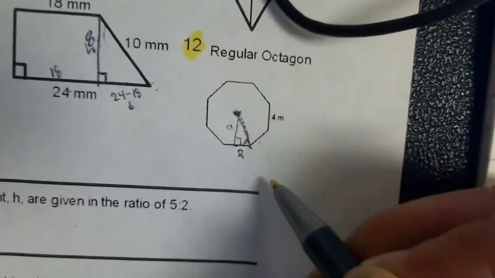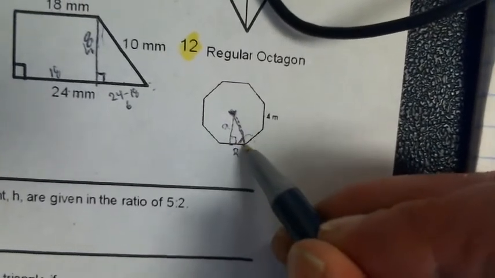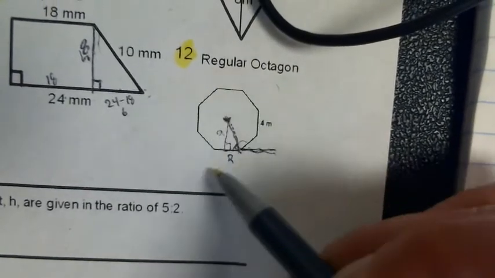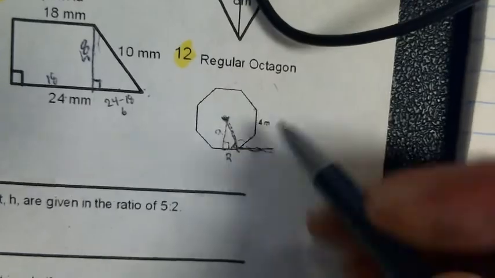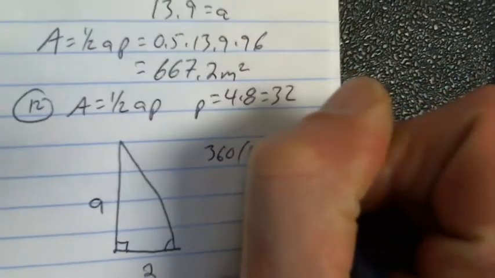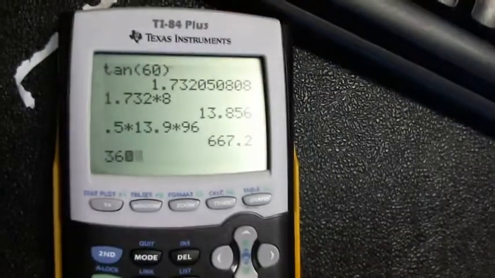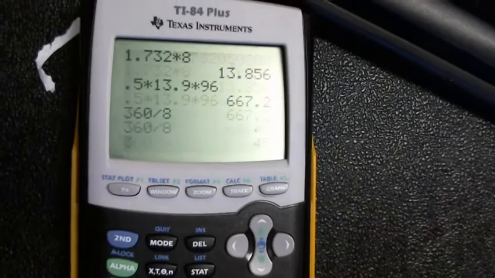This angle here will be half of an interior angle, so let's try the exterior angle. 360 degrees divided by 8 corners is 45.